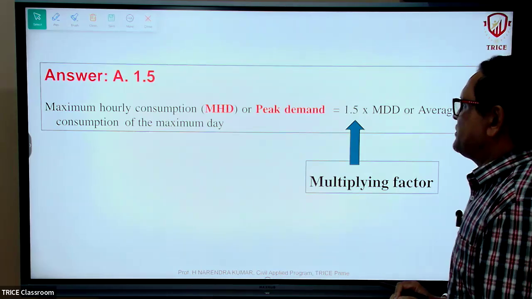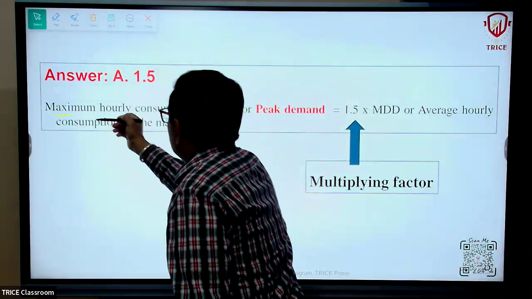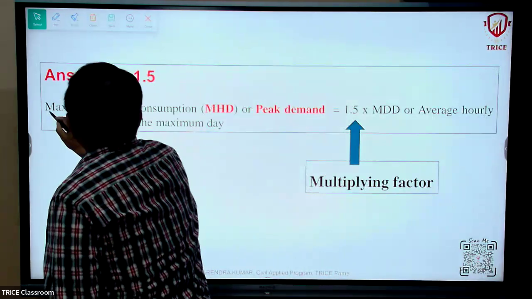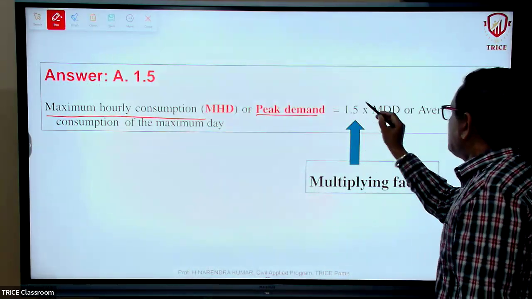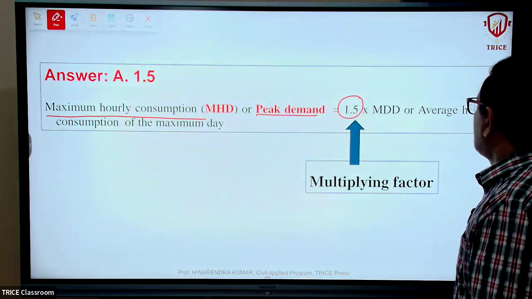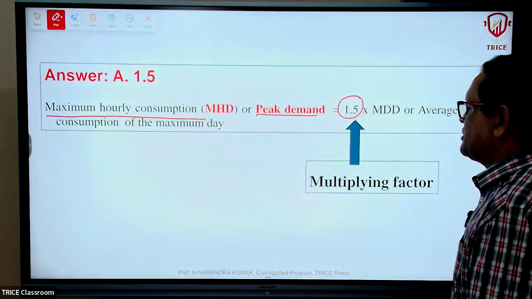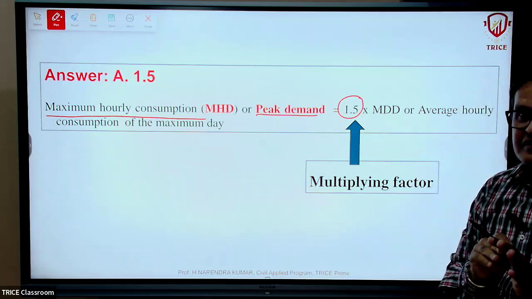The answer is 1.5. Maximum hourly consumption, as I said earlier in my MCQ, is also called peak demand. So the multiplying factor is 1.5 into MDD, or the average hourly consumption of the maximum day. There are two names given for MDD.